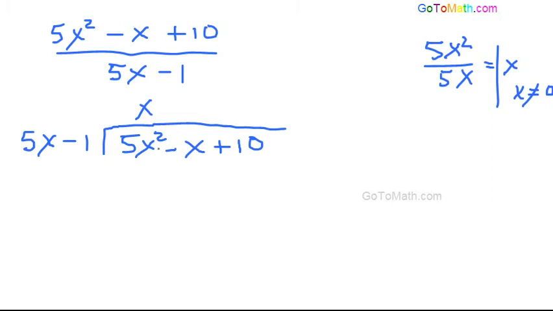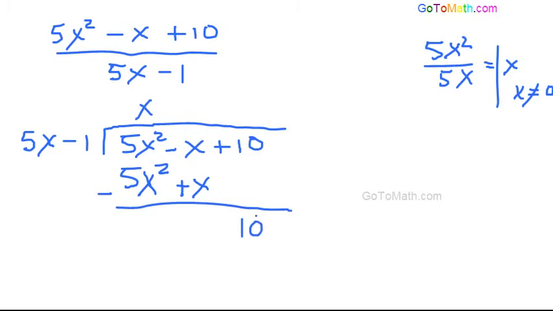Okay, what's going on here? So x times 5 is going to be 5x squared. And then that's minus x. So we have minus and then a plus. That gives me 0. Bring down the 10. And I believe that's all we got going on there.